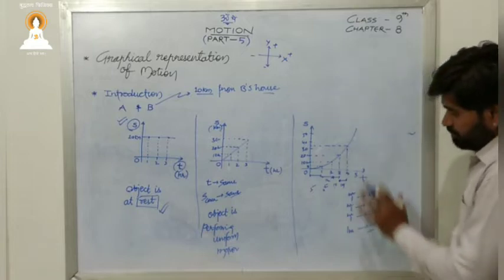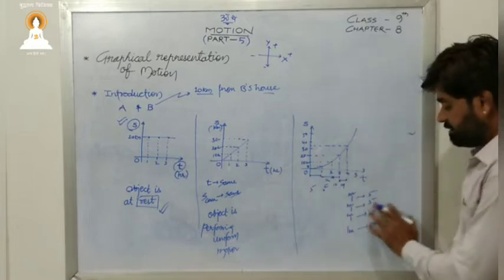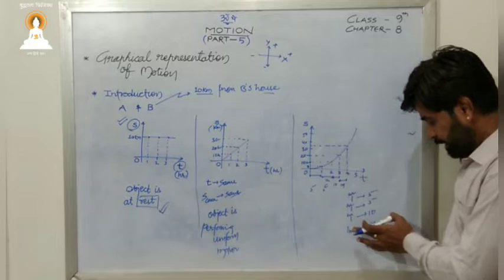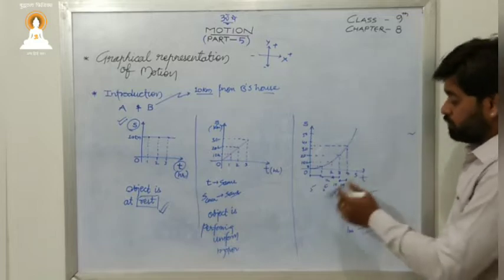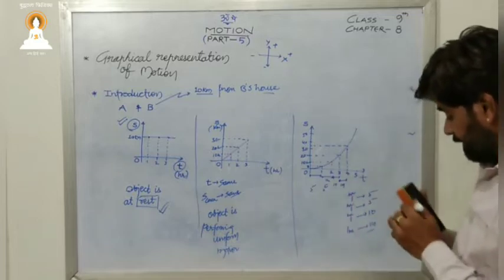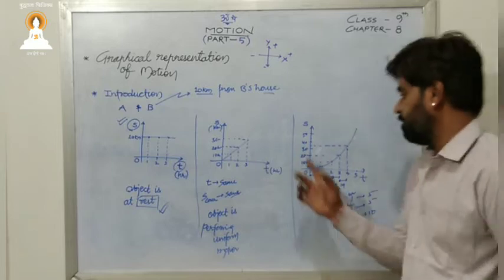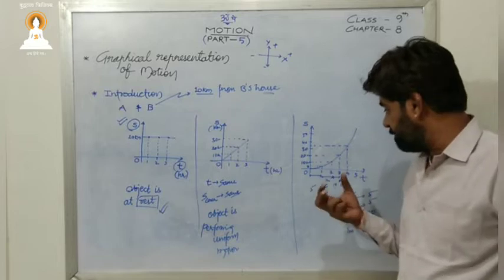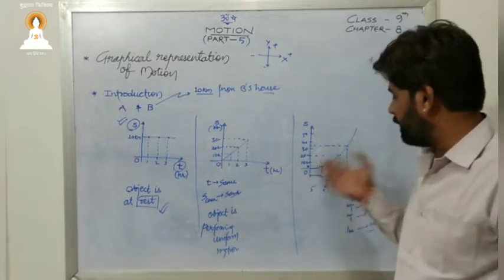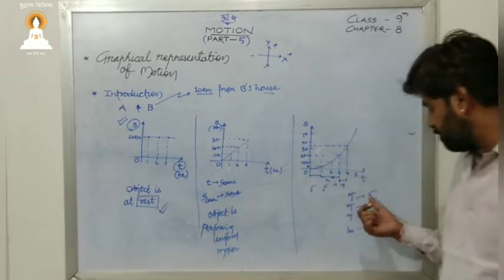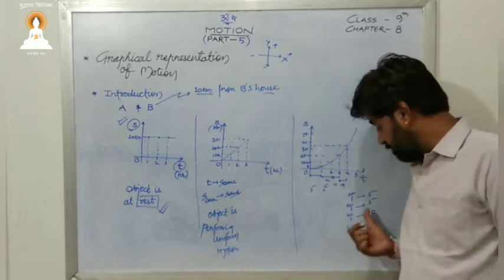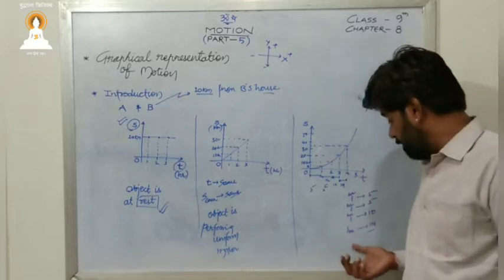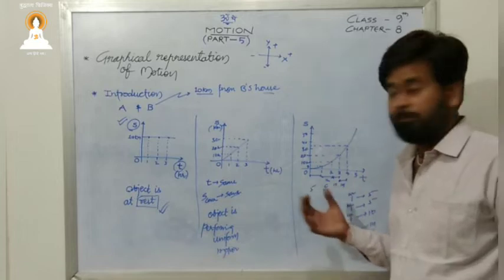So it is not a pattern. The pattern is not in a uniform form. So you may say that they were moving, but they were increasing their speed and decreasing their speed accordingly. Because in the first hour only 5 kilometer, in the second hour only 5 kilometer, in the third hour 10 kilometer, in the fourth hour 14 kilometer.